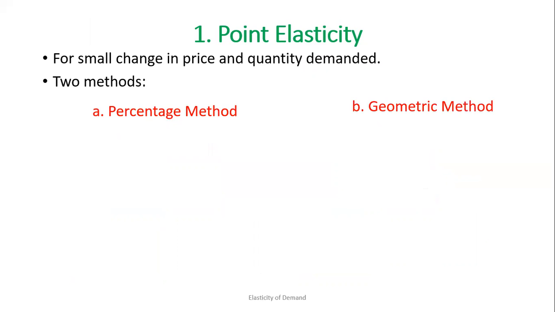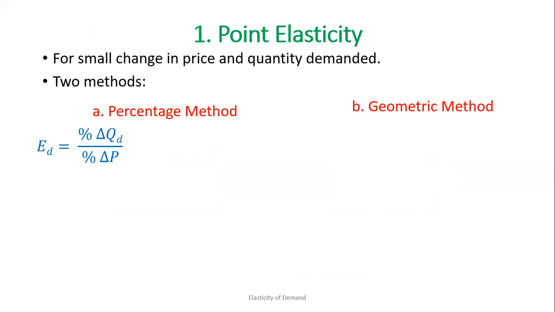The percentage method is the formula that was discussed at the start of the lecture. We use the same formula, that is, elasticity of demand is equal to percentage change in quantity demanded divided by percentage change in price.